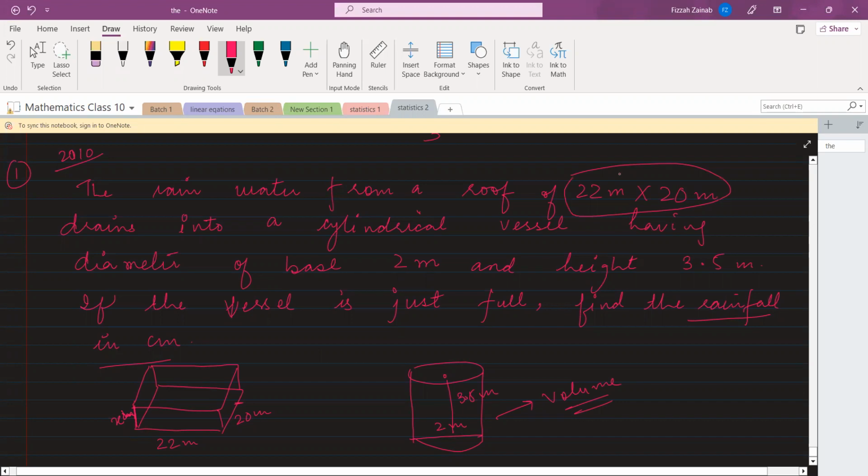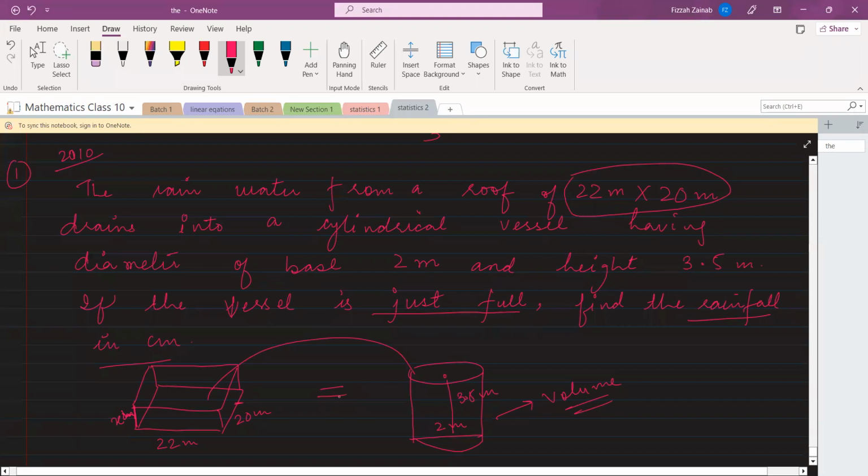Now the rain which is collected in this volume is transferring into the cylinder. And if the vessel is just full, that means exactly filling, these two volumes are same, equal.